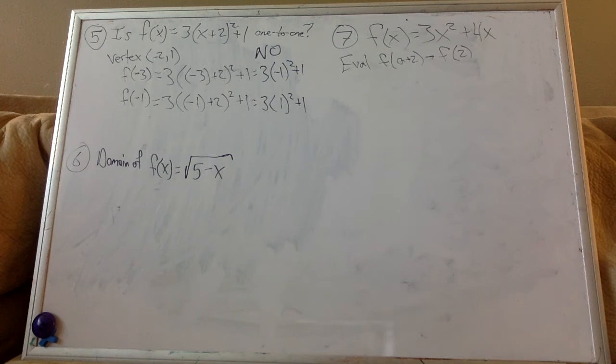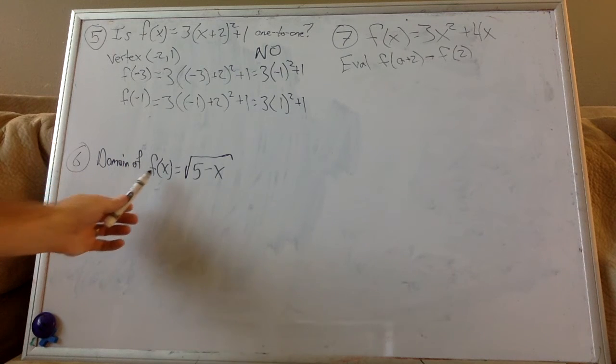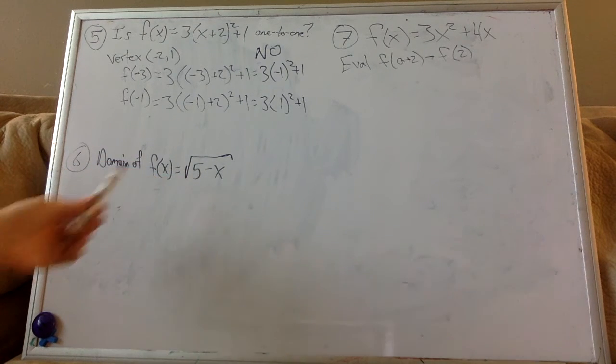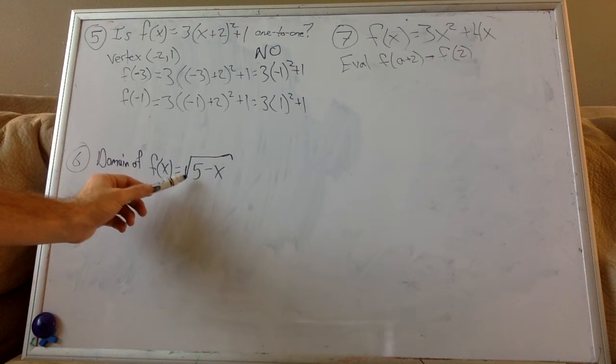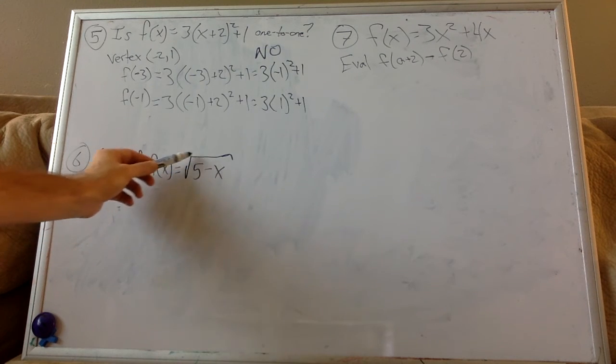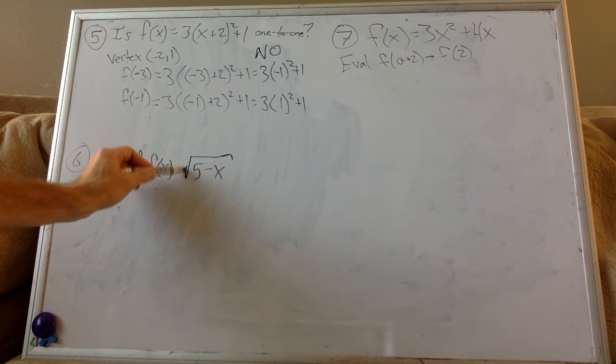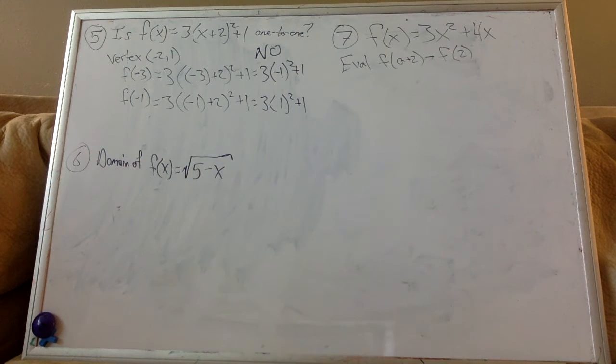All right. Let's look at the domain. Now if we're talking about the real number line as inputs, then here I want to figure out what situation doesn't allow me to have real numbers for my output. Since this is a square root, I need to make sure that the thing within the square root that I'm evaluating is not negative.